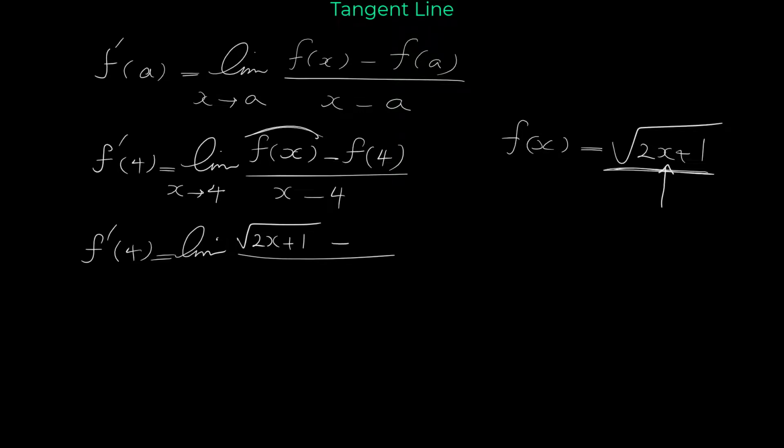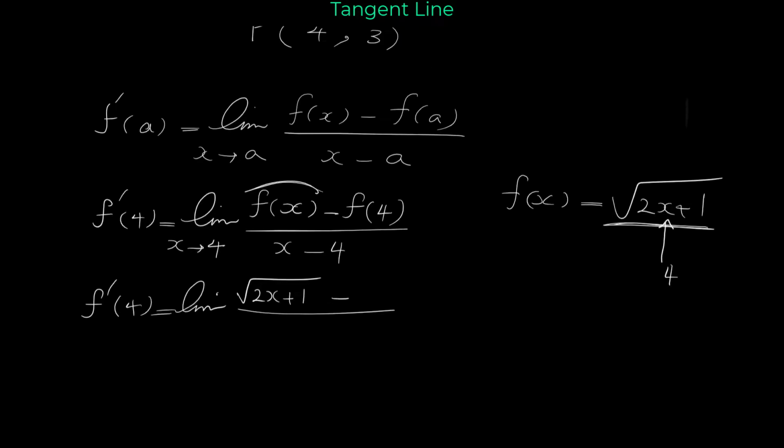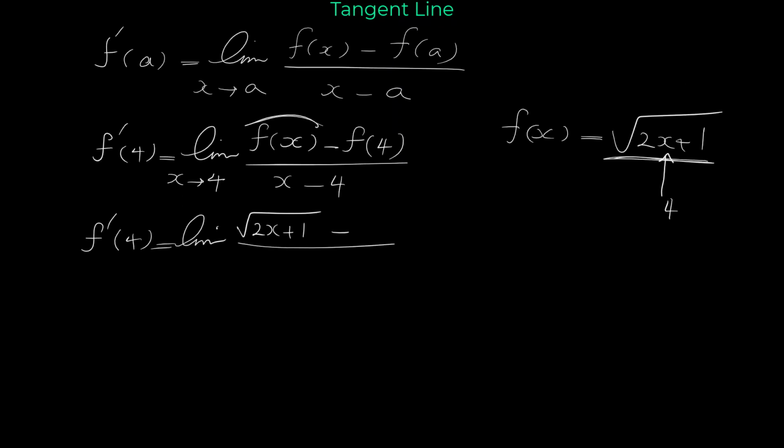Plug in 4 here and find the value of the function when x is 4. And actually we did this here. When we substituted 4, we got 3. So minus 3, all over x minus 4.